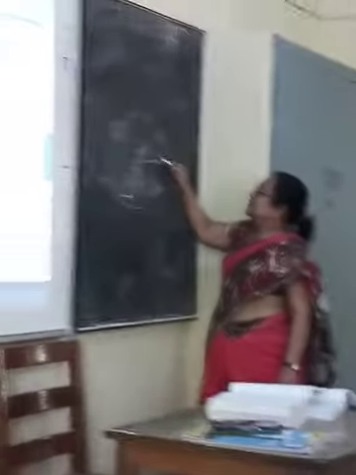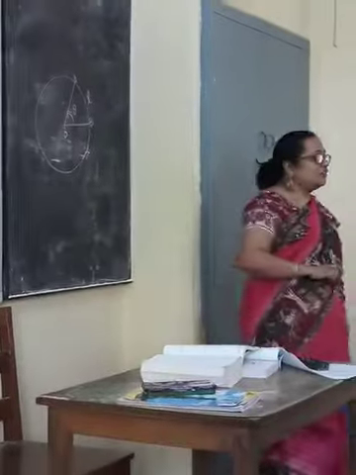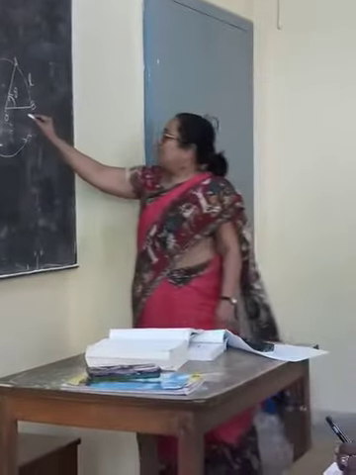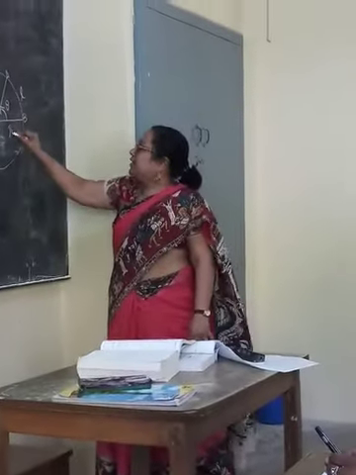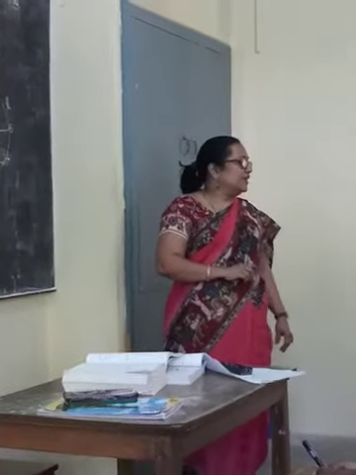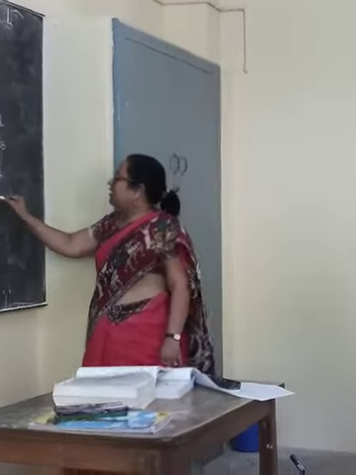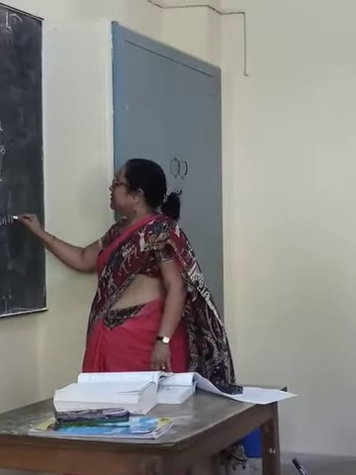Suppose L is the length of the arc AB, and let OB equal to OA be the radius, let R be the radius. Then what is theta in radians?